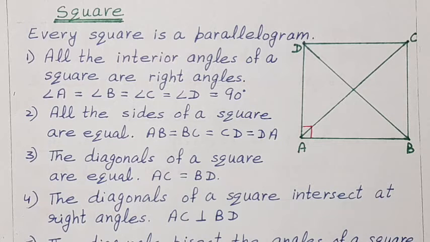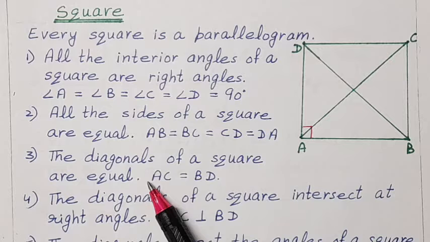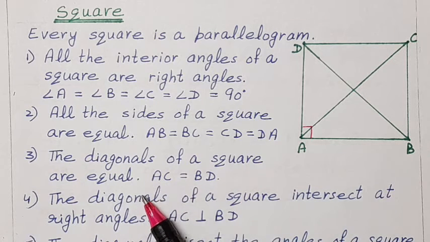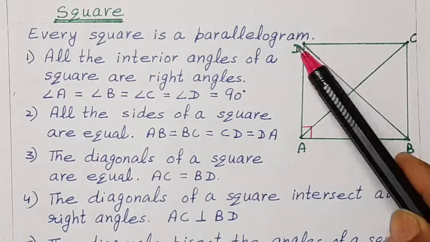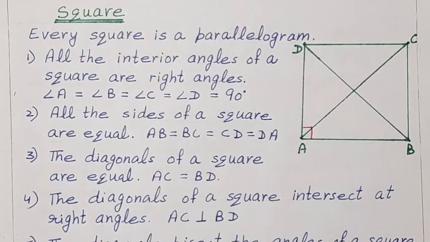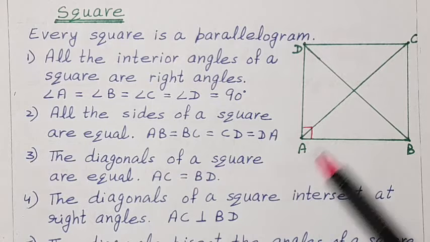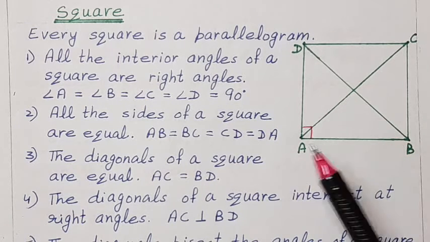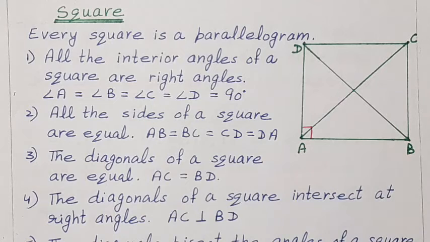Clear? Now the third property is, the diagonals of a square are equal. That is, AC is equal to BD. Children, in rectangle also the diagonals are equal. Clear? But in rhombus the diagonals are not equal.